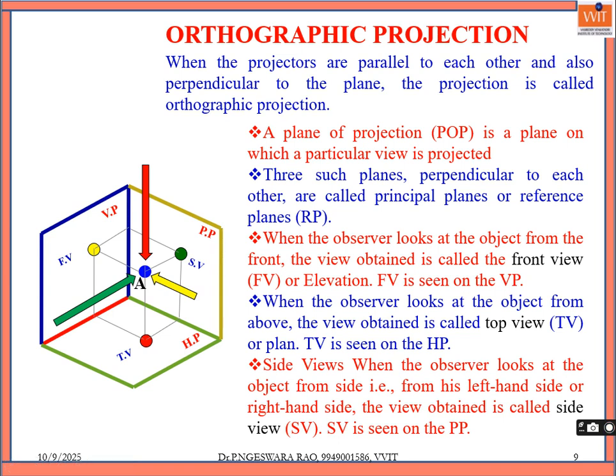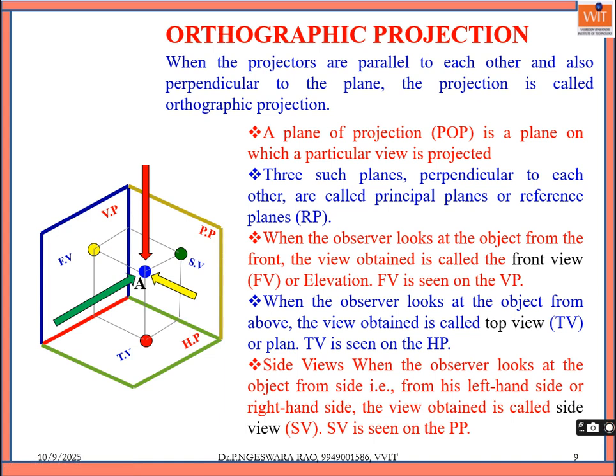Next, because we are getting the front view image, top view image, and side view image, we must differentiate the names of these images to identify them. Suppose the object name is capital A. As per standard convention, when we observe the same object A in the front view, the name of this front view image will be small a dash.